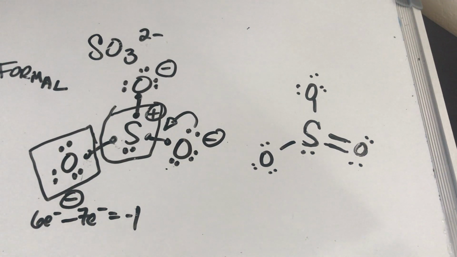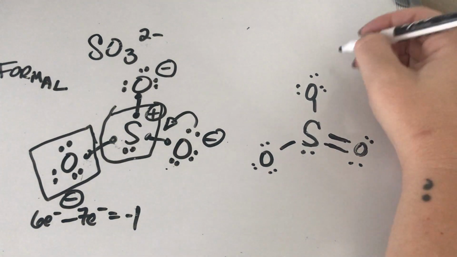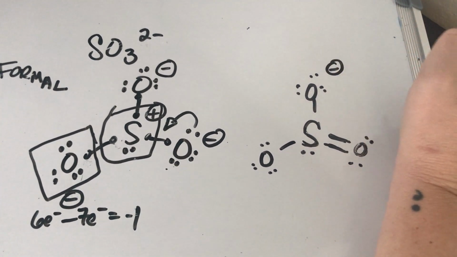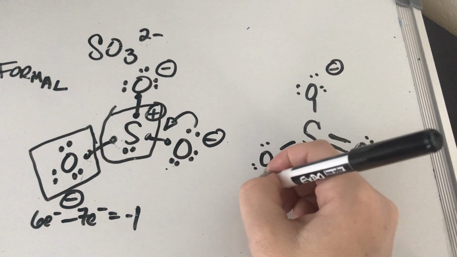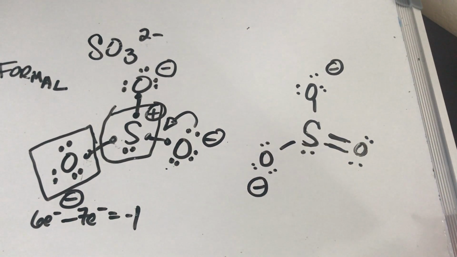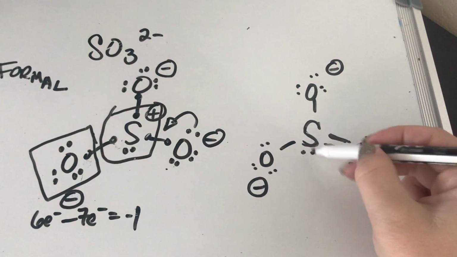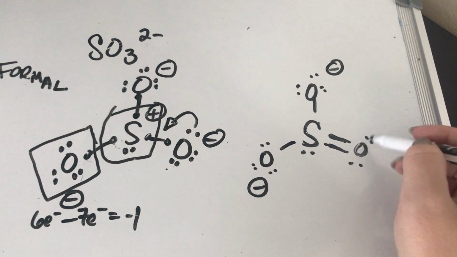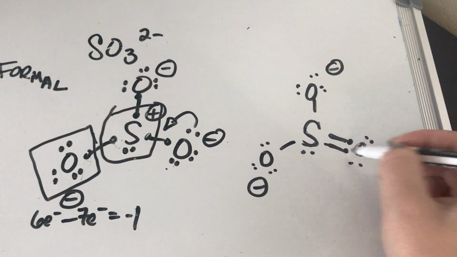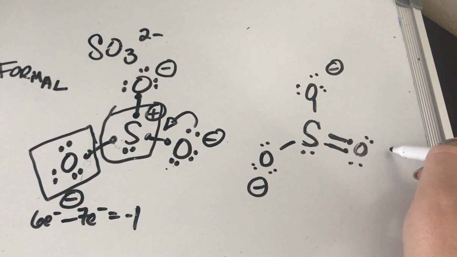Coolsies? Now what do we want to do? Now it's the formal charges. You got it. So this one didn't change, right? We still got a negative charge here, still got a negative charge here. But now that we added this double bond in here, we have 6 electrons around this oxygen, which is how many it came with.